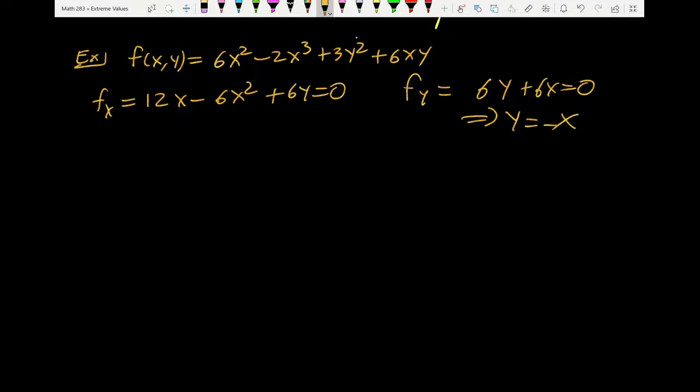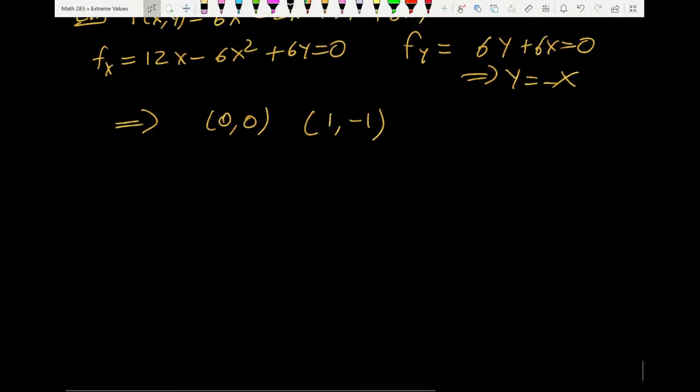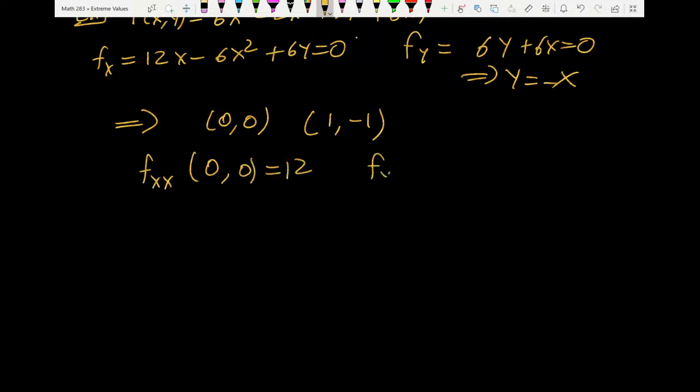And from that, what are the critical points you get? So, what's f sub xx? 12. f sub yy at 0, 0 gives you what? 6.